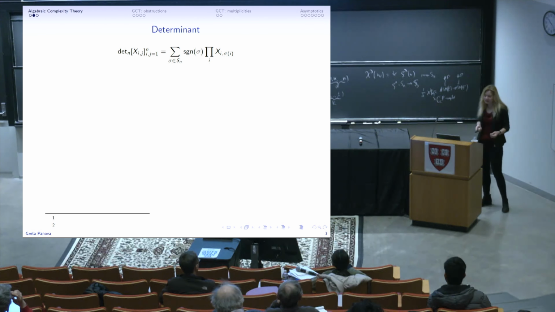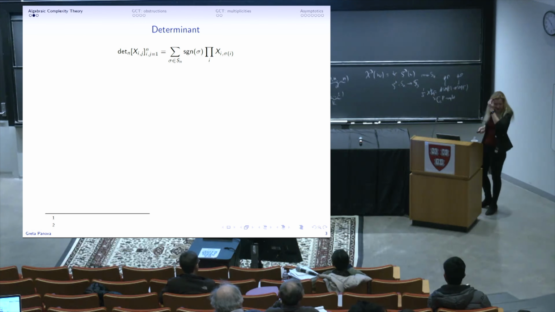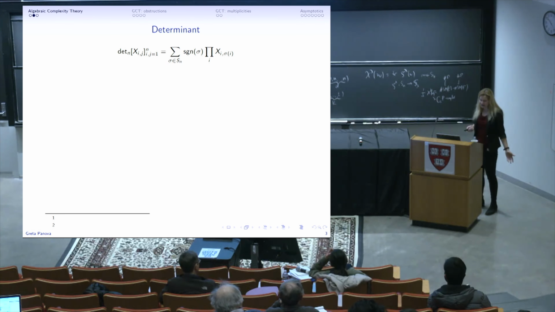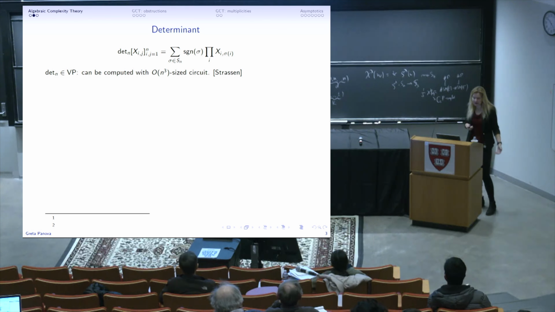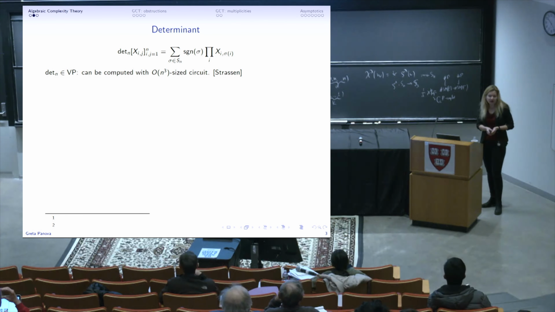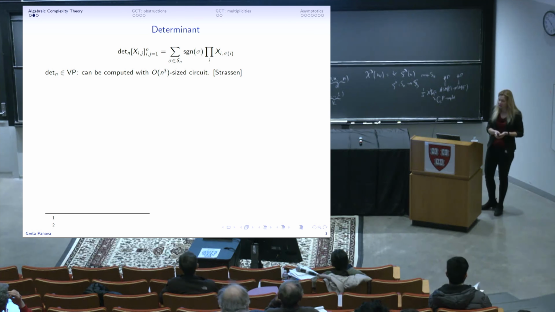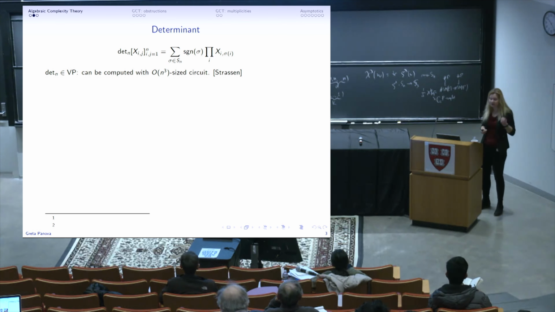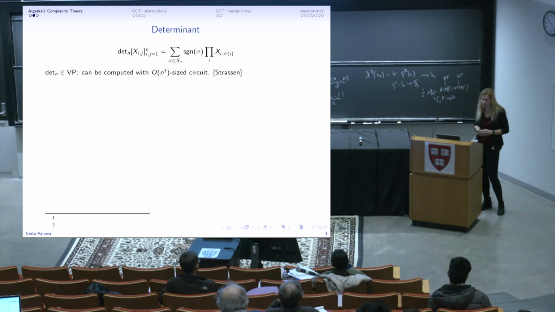But actually, from linear algebra, of course, we know how to compute a determinant much faster, and we can do this with an n-cubed sized circuit. And so the determinant is in VP. Even if we don't allow division, because usually in row reduction we do some division, you can do this without divisions, and it's still going to be polynomial time.